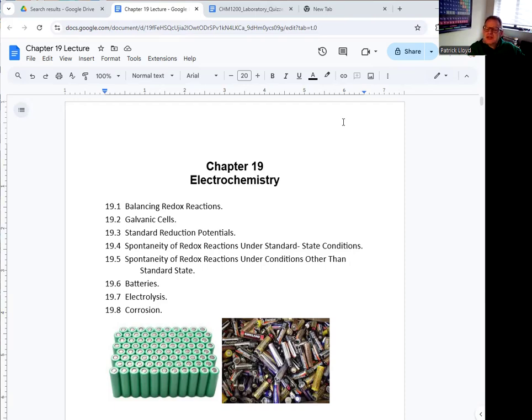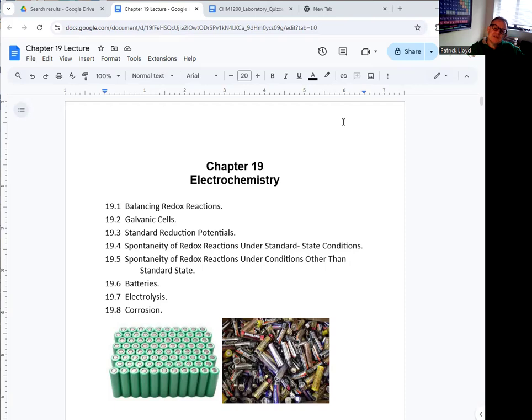And the idea is that chemical reactions can cause electrons to move from one reactant to another. And if we're clever about it, we can use that movement of electrons to generate electrical energy. So it's a very useful subject of chemistry, very big these days, as many researchers around the world are attempting to make better battery technology.